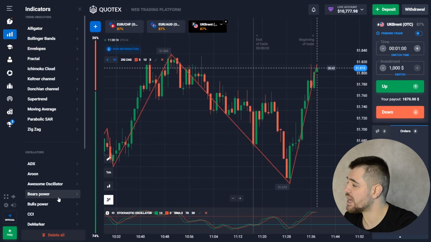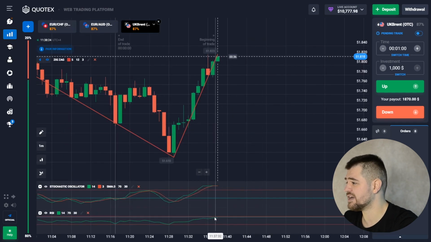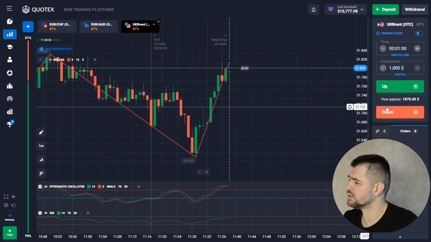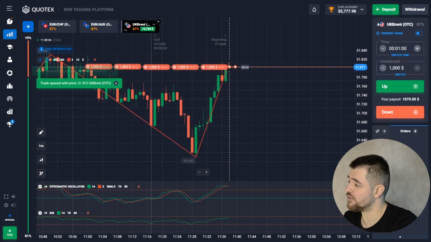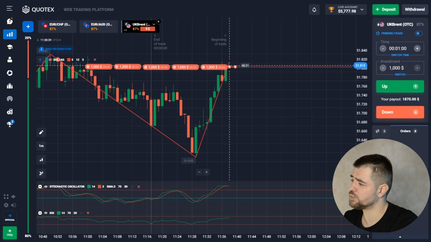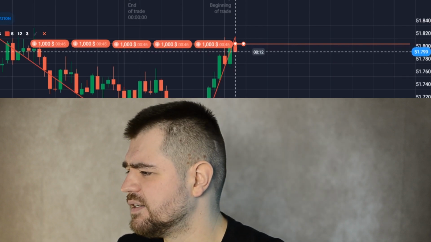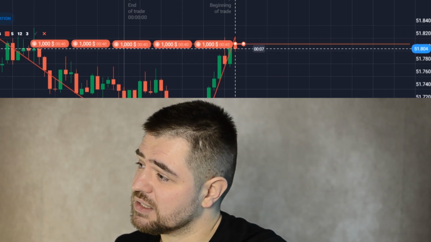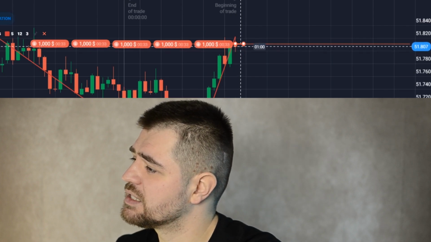Here let's just put the RSI on. We do have a resistance level there, but we're still growing, so maybe we go ahead and do a quick option, and it's a put option, as I think that we're at the maximums right now. If I had maybe longer time, there is a resistance level that we can still try to break in a few minutes, but right now, let's wait for the result.